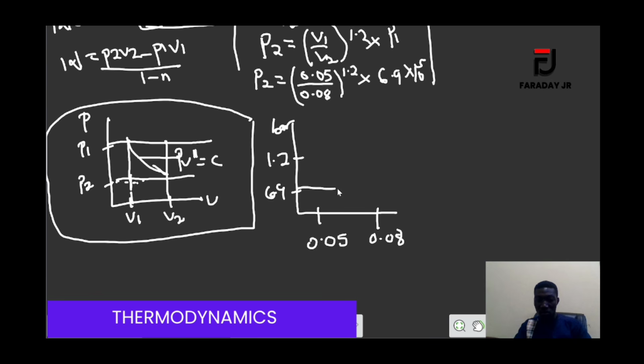So from here to here it will decrease, so it's like a curve from here. So that is all.